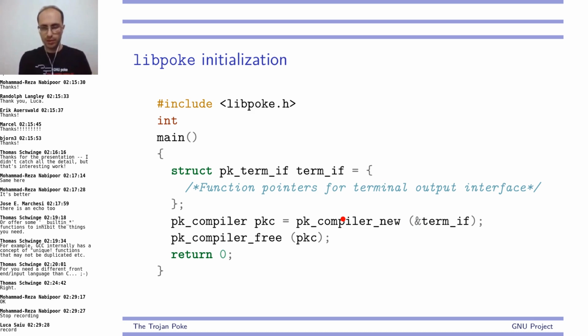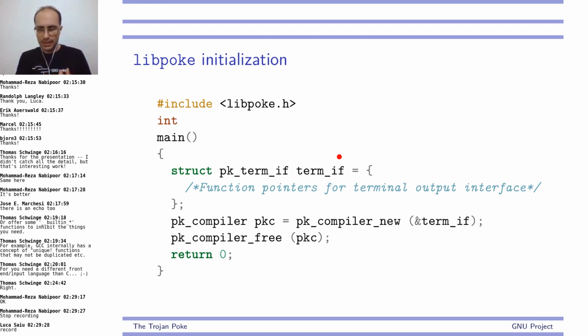You give it the pointer to pk_compiler_new, you will get a handle to this new instance of the compiler, and you can free it. Currently, due to some small problems with global variables, you cannot have more than one compiler instance in the program, but it will be fixed for sure in Poke 3.